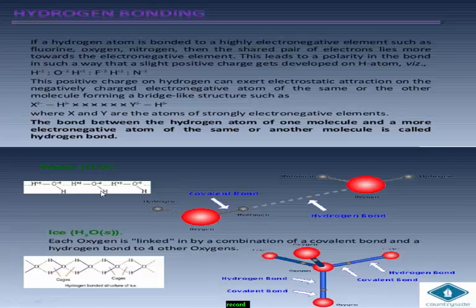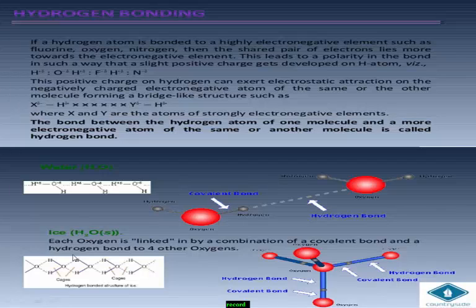Here the hydrogen atom of one water molecule and the electronegative atom of another molecule are held by an electrostatic attraction, and that bond is called hydrogen bonding. Similarly, in H2O in the solid state of ice, the hydrogen bond is present.